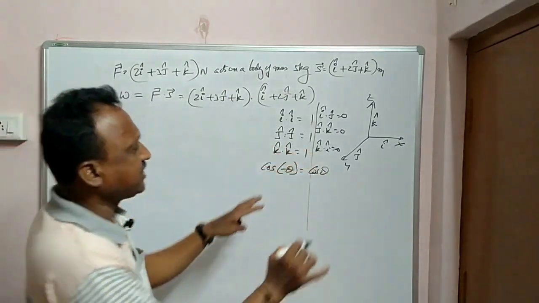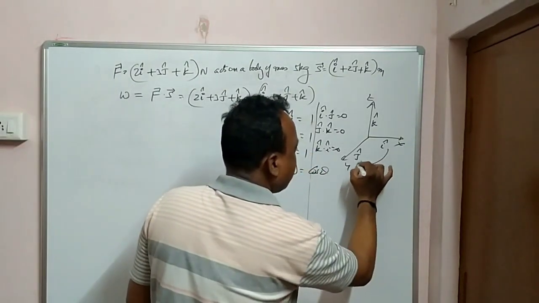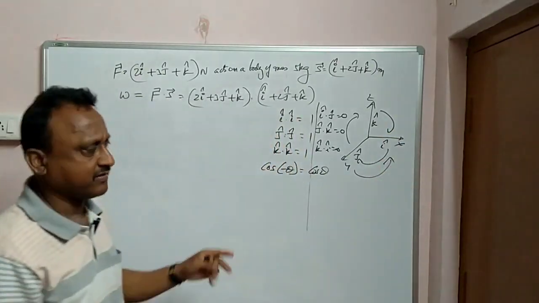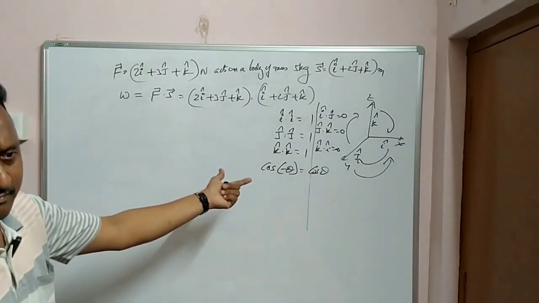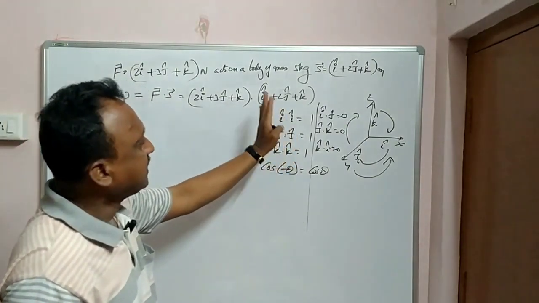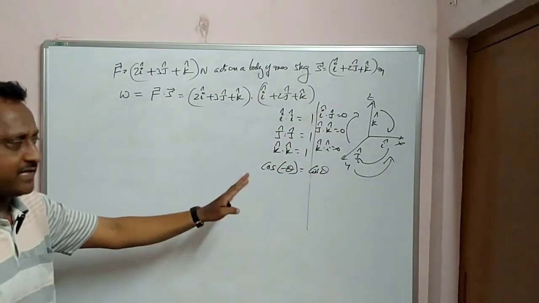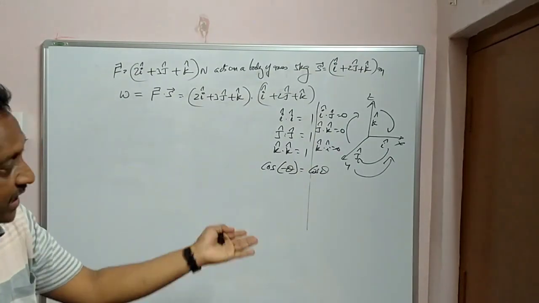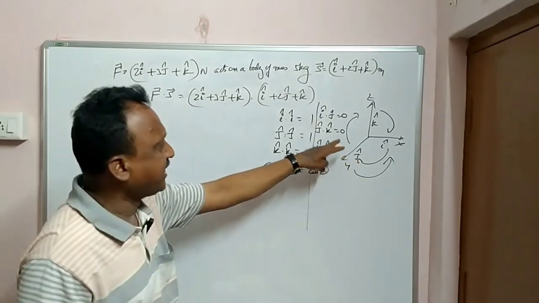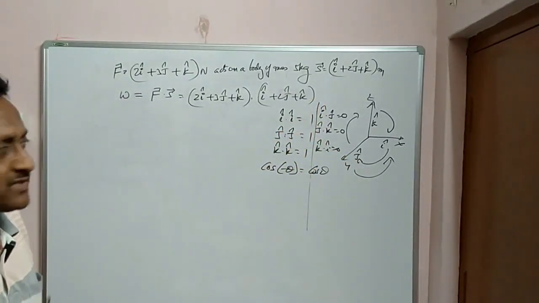Therefore, in whichever direction you go, clockwise or anti-clockwise, the value will be the same. So the same dot products, i dot i, j dot j, k dot k, have value 1. And for the perpendicular ones, the value will be 0 because cos 90 is equal to 0.